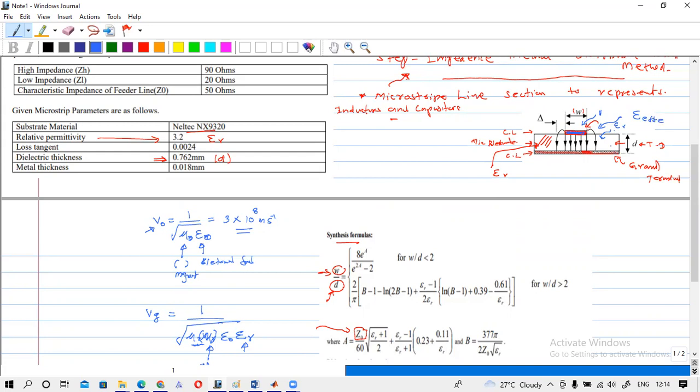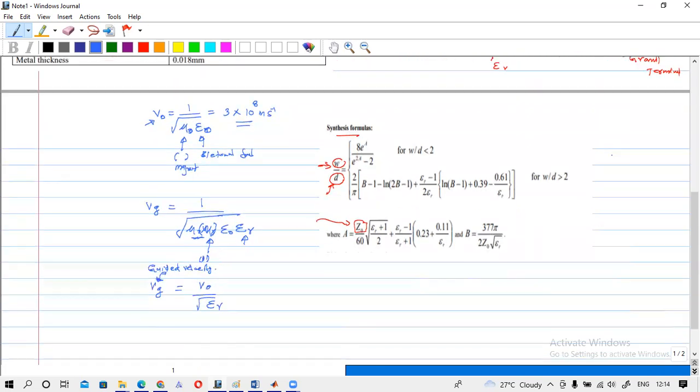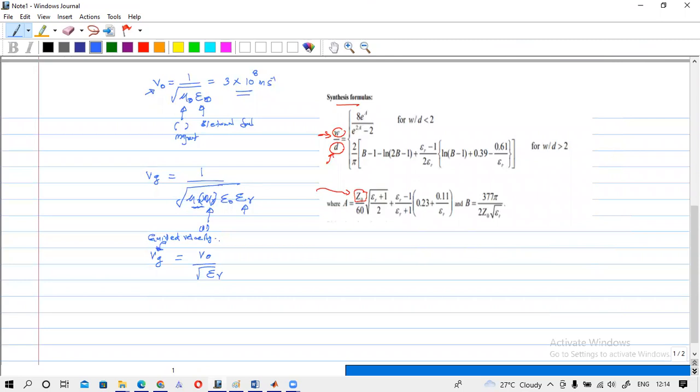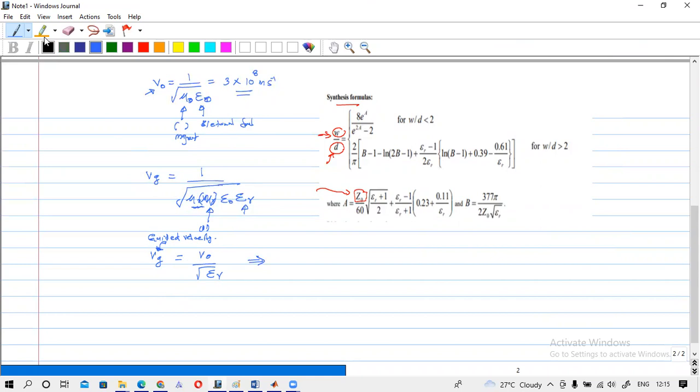So if you find the wave velocity in the microstrip line, you have to use this epsilon effective, not epsilon r.